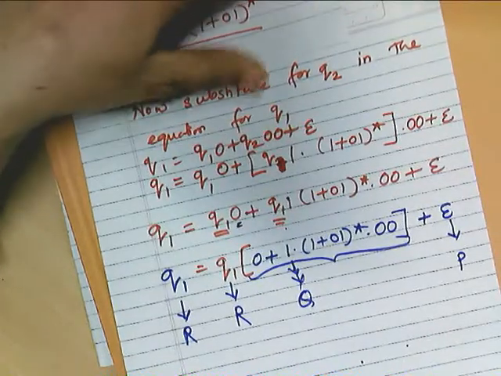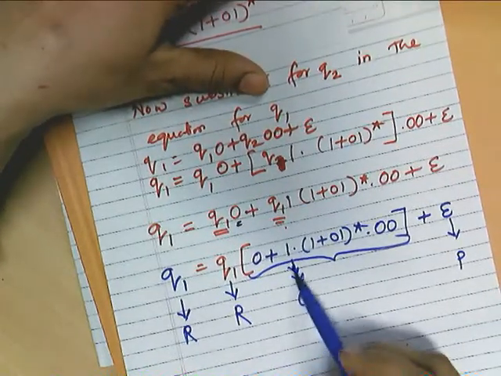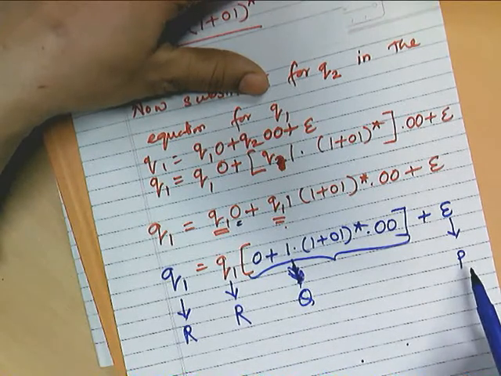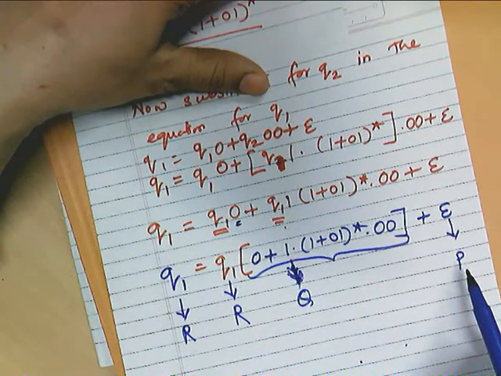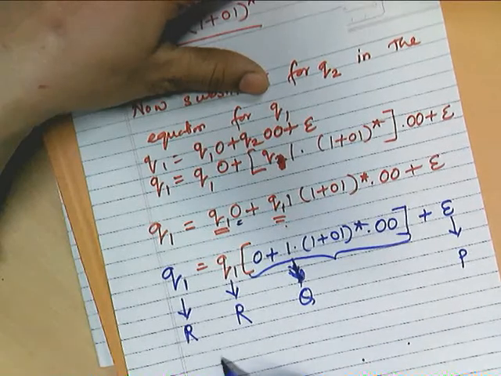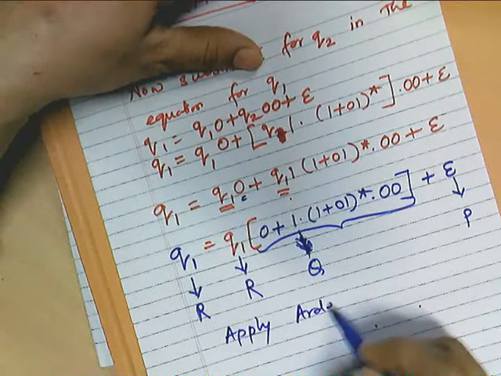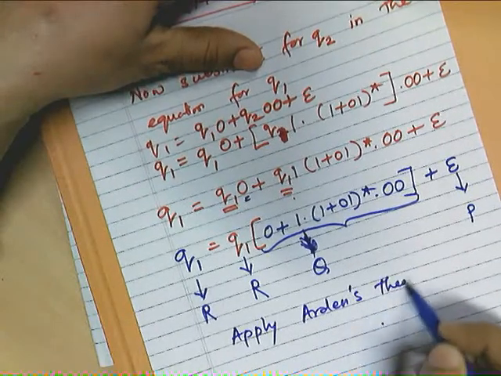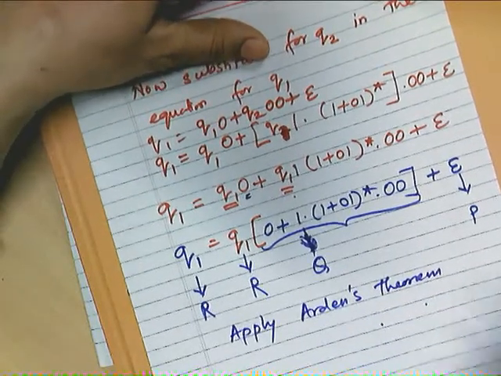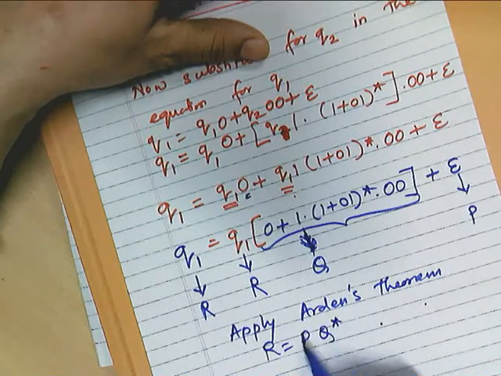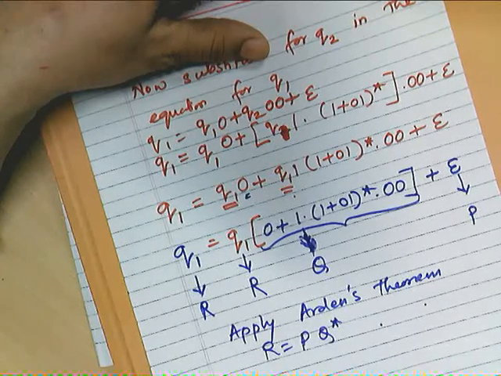Now what is the condition? Condition is your Q should not be empty. P empty is okay, no problem. Okay, so now we can apply Arden's theorem. So applying it, what we will get? R is equal to PQ star. So R is my Q1.